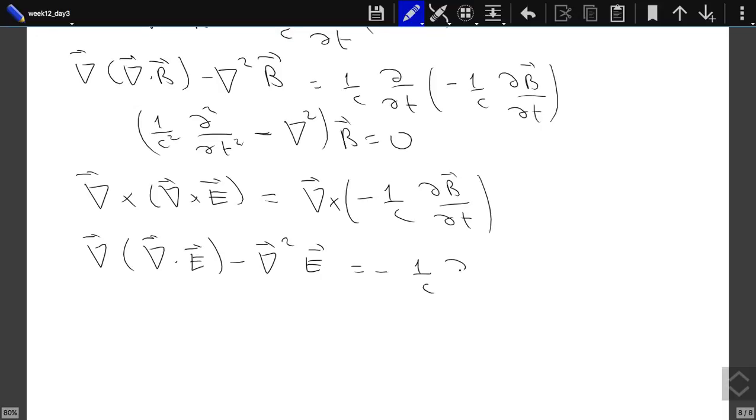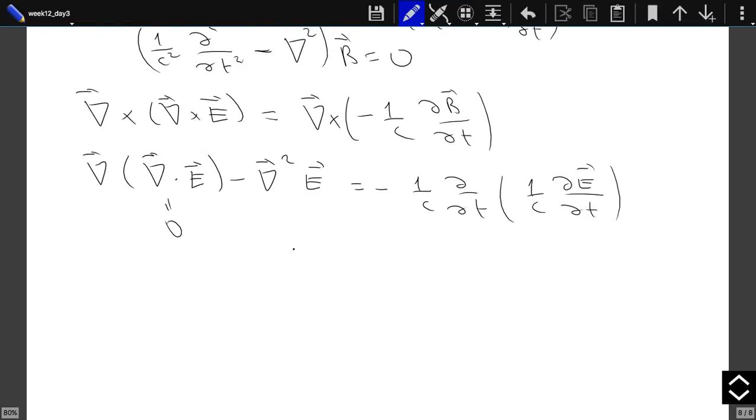This is equal to minus 1 over c ∂/∂t. Curl of B is 1 over c ∂E/∂t; in empty space, this is 0. And again, we have 1 over c squared ∂²/∂t² minus the Laplacian of E equal to 0.